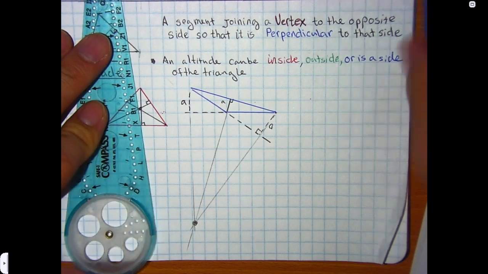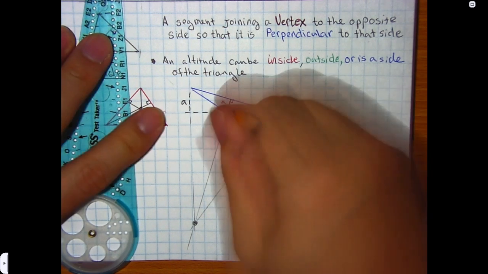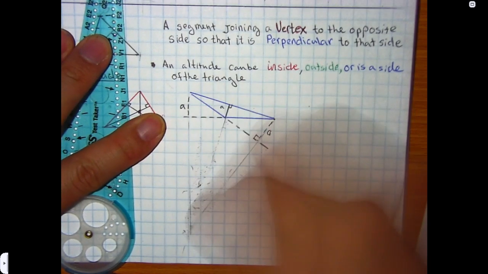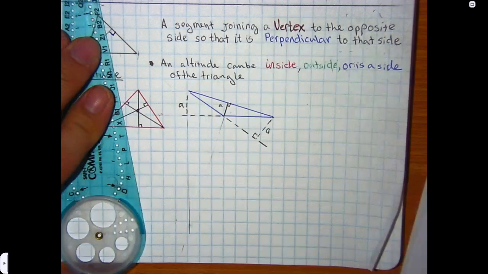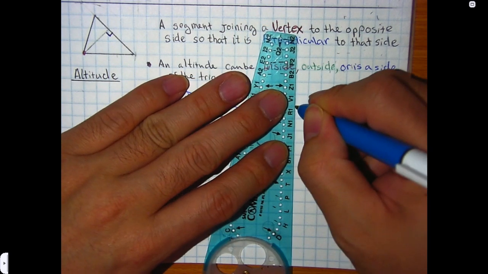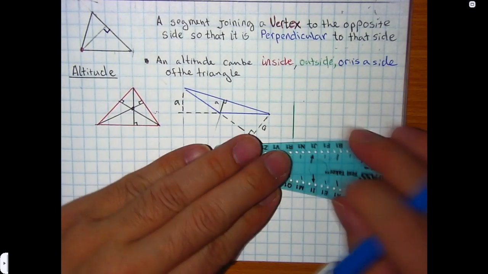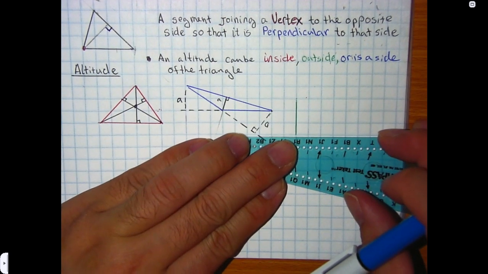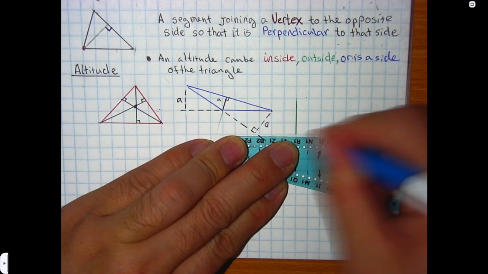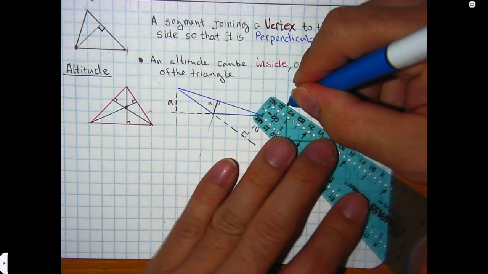And finally, we have an altitude that is the side of the triangle. If you have a triangle that contains a 90 degree angle, that means two of the sides will be altitudes.